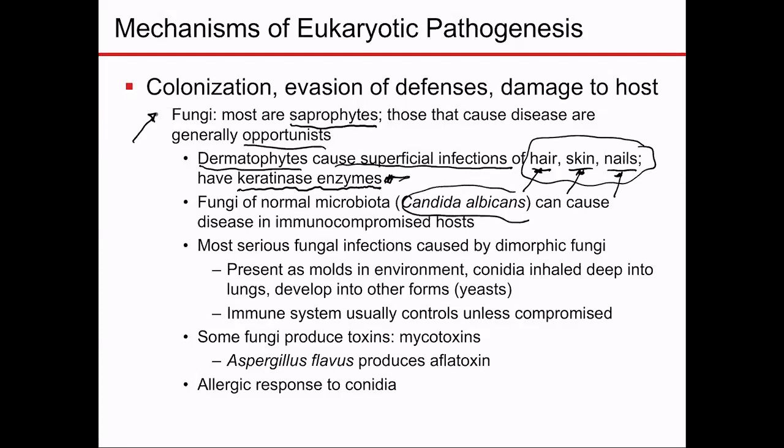Candida, a member of our normal microbiome, is another example of an opportunistic pathogen. It can cause disease in people that are immunocompromised. It may also produce disease in cases of dysbiosis.